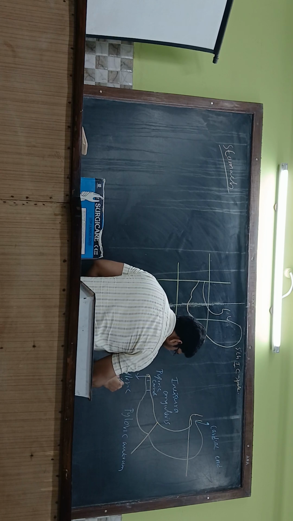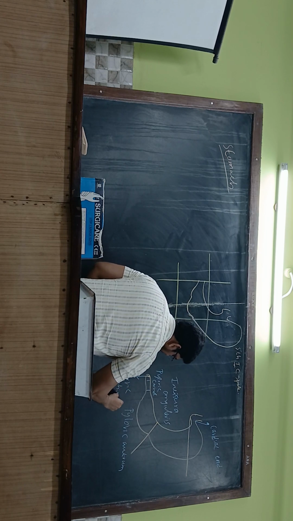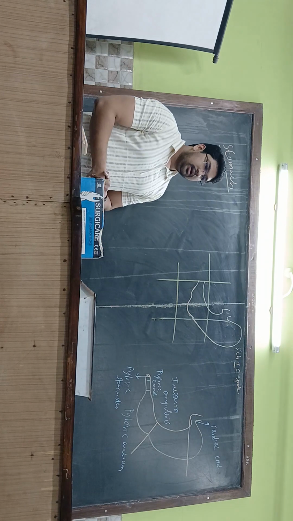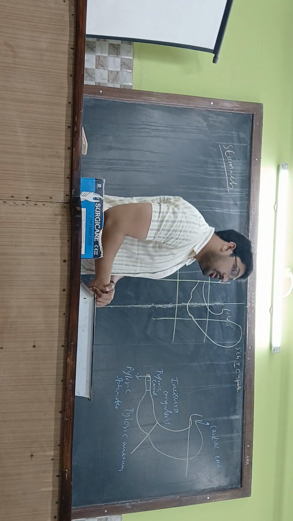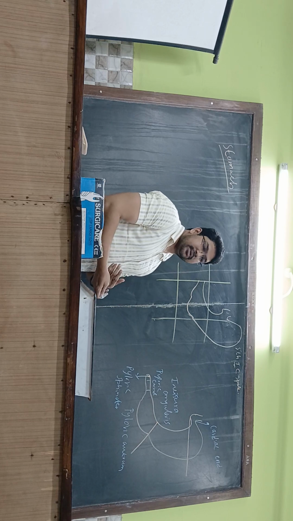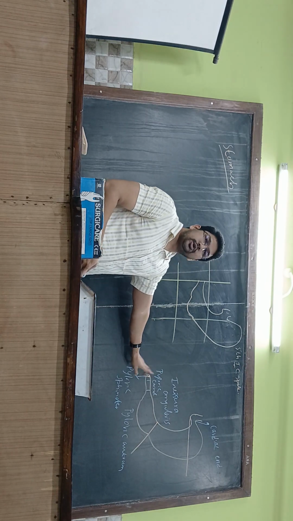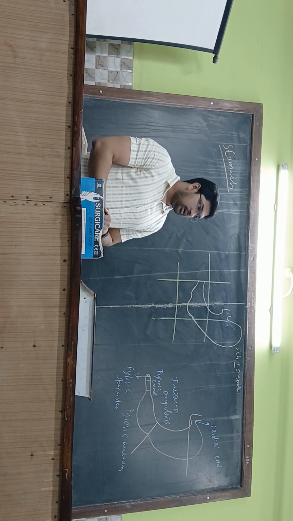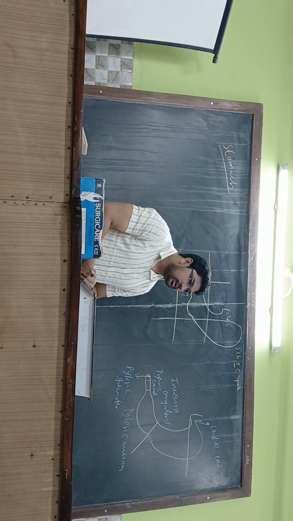Pyloric sphincter. Why is this pyloric sphincter needed over here? To control the gastric emptying. Why there is a control? There must be control over here. Gastric emptying. Also prevent the backflow.